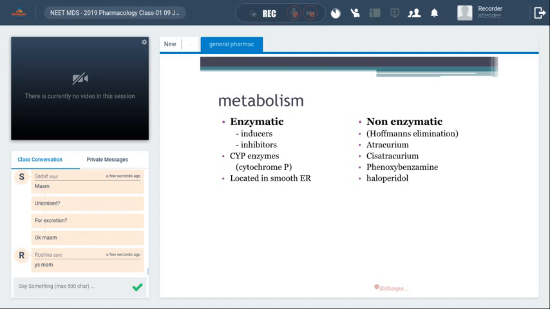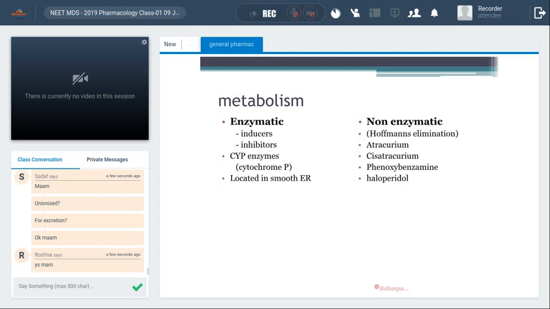Now enzymatic is the most common, seen for 99.9% of the drugs, which means there are certain enzymes which are released from the smooth endoplasmic reticulum, which either increase the effect of these enzymes or decrease the effect of these enzymes. Okay, so this cytochrome P, if it increases the effect of enzymes, it increases metabolism. That means it is inducing metabolism. They are called inducers.